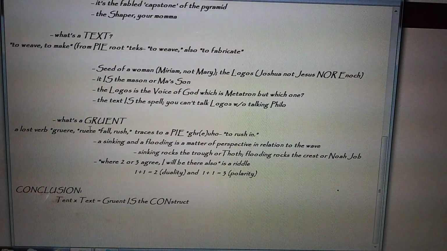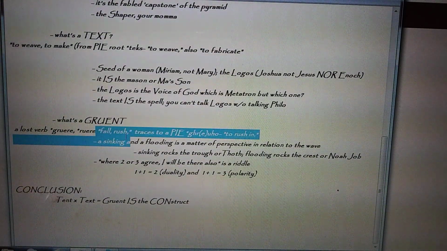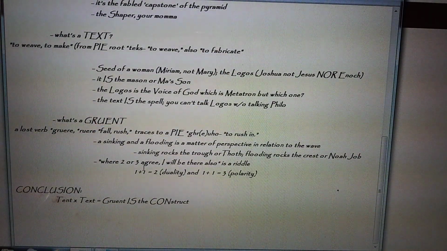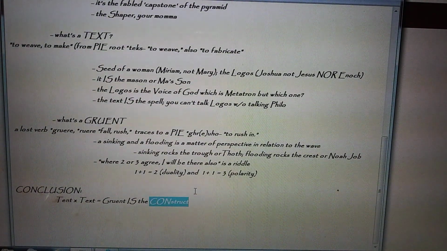It's gotta fall in line. All right. So the text times or plus, just simply tau or marqueur is gruent. That is the what? The construct.